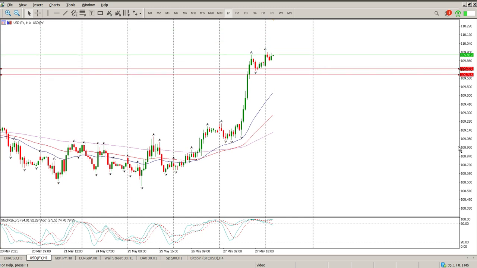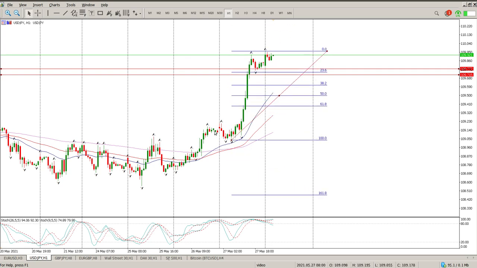So that could be done, but look at my oscillators, they'll group the upside. So I would expect some sort of profit taking, and probably just a drift lower. The other way to look at it would be a Fibonacci retracement, but that is a really strong move, so I wouldn't be surprised just to see a range form now. And Fibonacci would be back to 109.500.